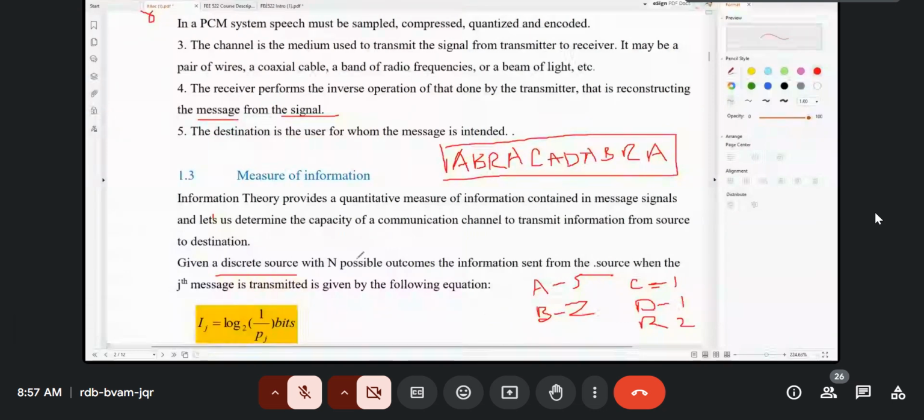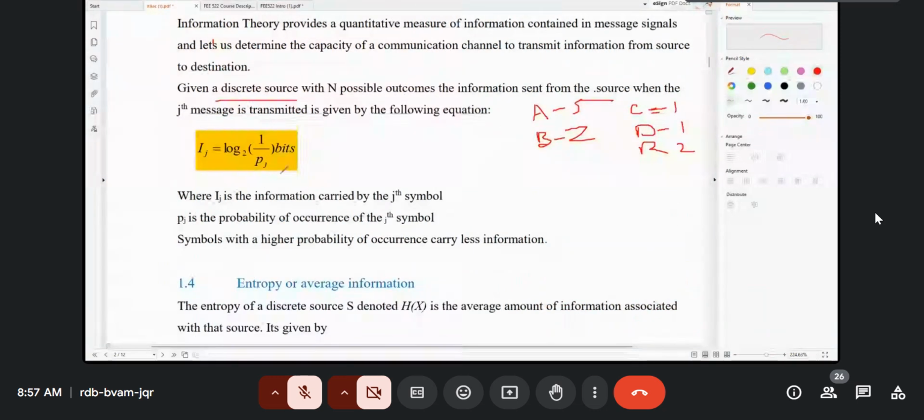And that is a concept based on which, even the formulas we know today for capacity are actually based on these concepts. So I of j is equal to log base 2 of 1 over pj, in bits.